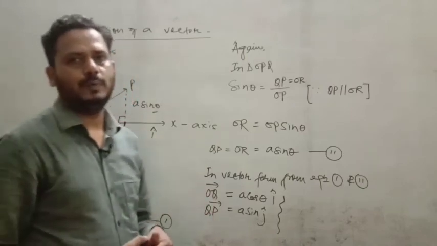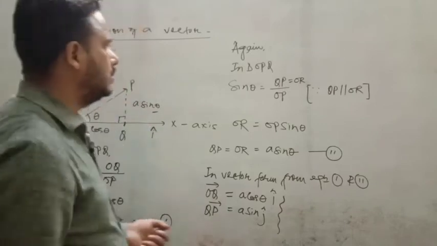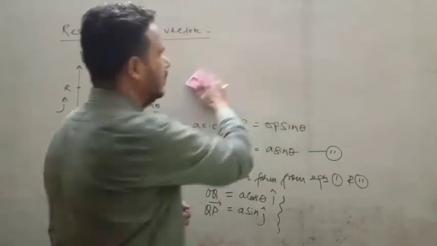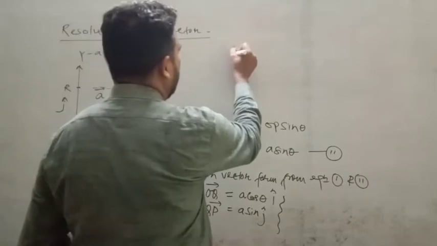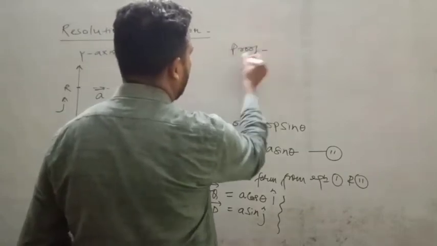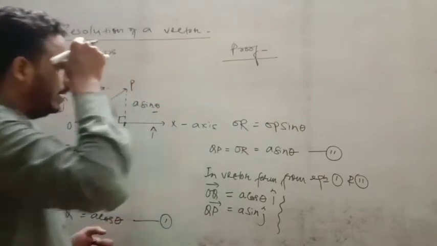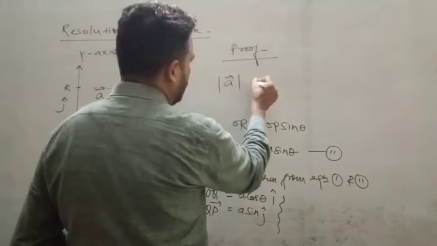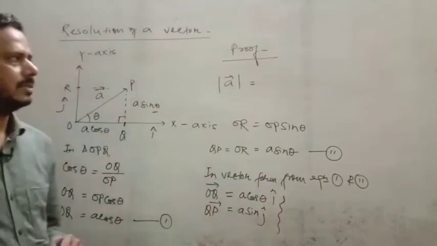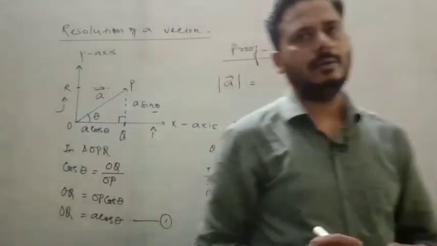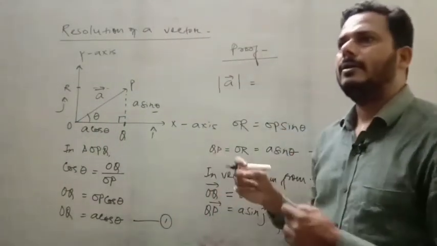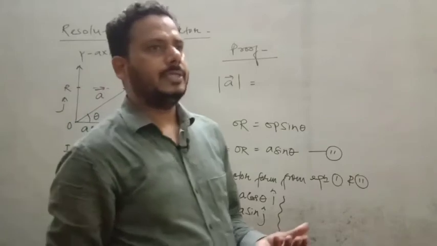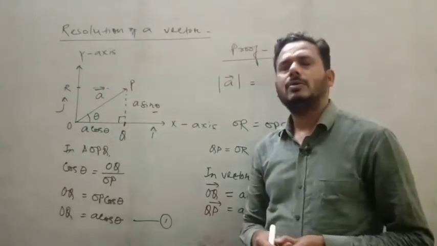So we have to prove. Okay, so we should go for proof. Proof. So accordingly, if you want to find the magnitude of vector A, using the relation for the sum of vectors, because if there are two vectors, vector A and vector B, making some angle, then the resultant is the square root of A square plus B square plus 2AB cos theta.